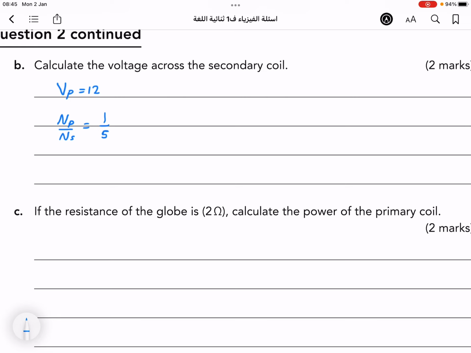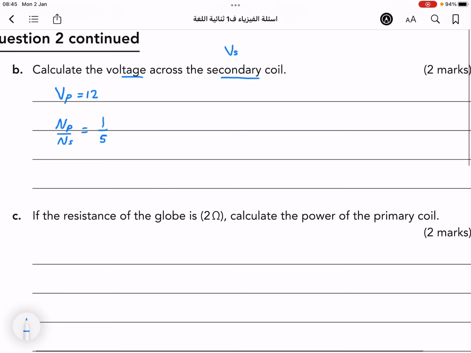If I want to calculate the voltage across the secondary coil, I need to calculate VS, because secondary, S here. Okay, let's calculate it. NP over NS equals 1/5, which always equals VP over VS.